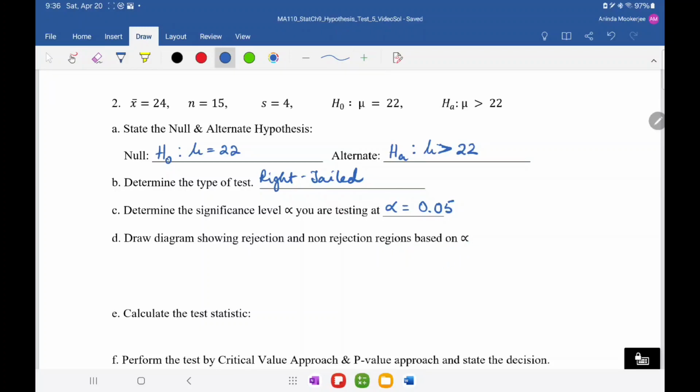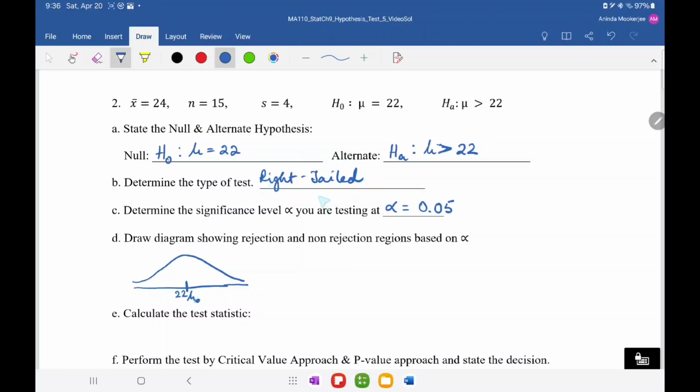Part D says draw a diagram showing rejection and non-rejection regions based on alpha. Let's quickly do that. So we have our normal curve, and we will have our null hypothesis mean at the center. The null hypothesis mean is 22, so that value is going to be the center point.